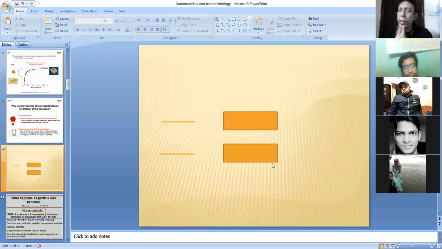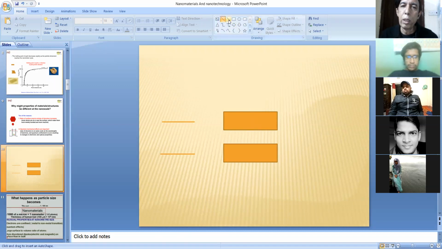So here you have n number of atoms in the bulk material. But in the nanomaterial, say for example, you have 50 atoms. Now, what will be the size of that atom?